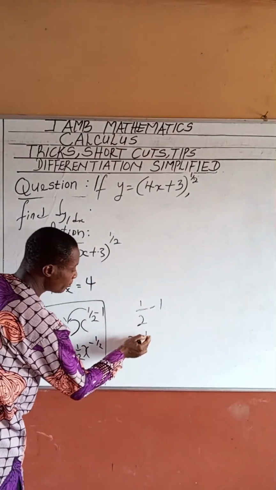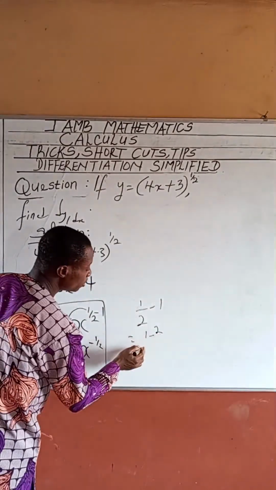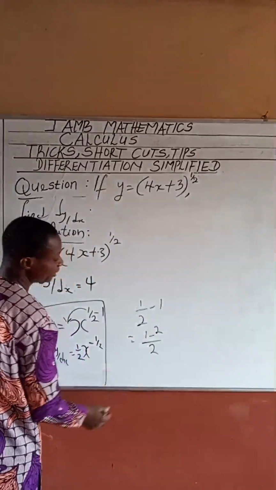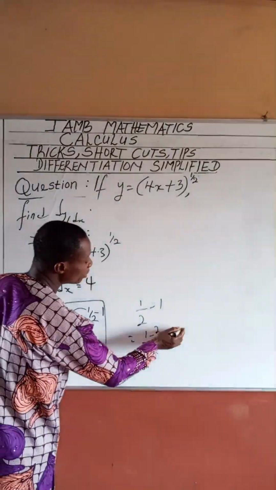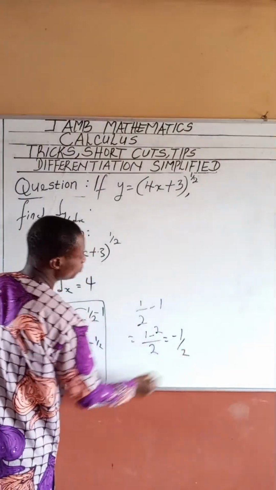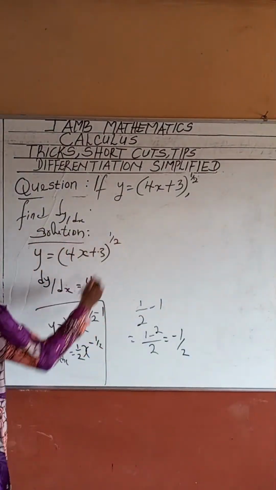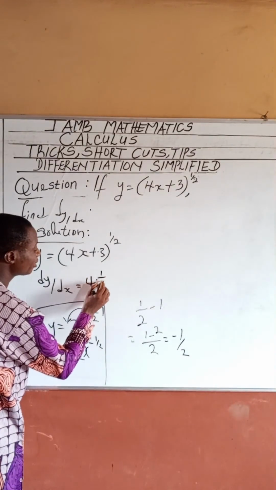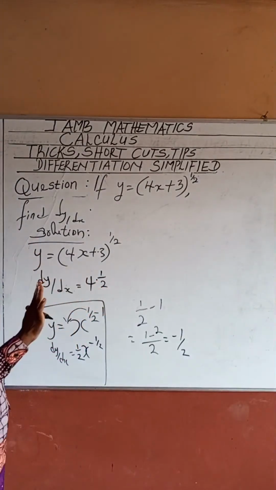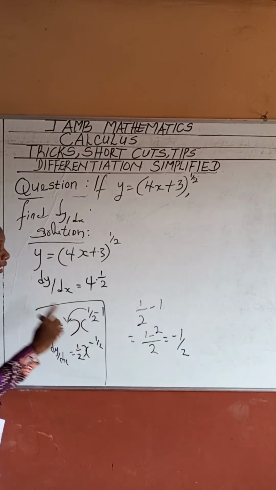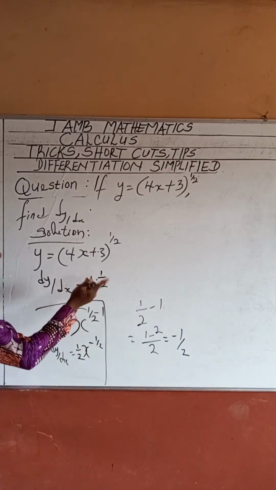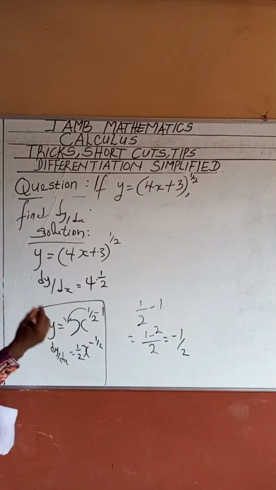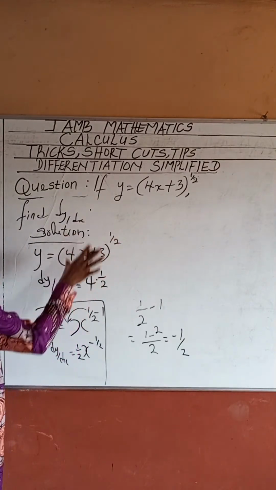So this becomes 1 minus 2 times 1 is 2, divided by the 2 underneath it. 1 minus 2 is minus 1 divided by 2. So this is what we are going to put here. Which means you are multiplying by half, dot half. Please, dot means multiplication. It's not decimal, okay? It's multiplication. I would have liked to just use multiplication for those who have not been doing differentiation.